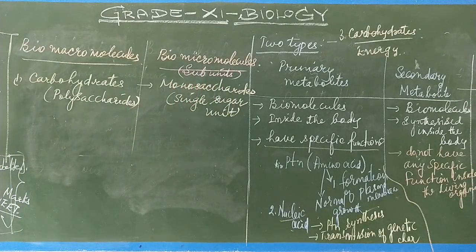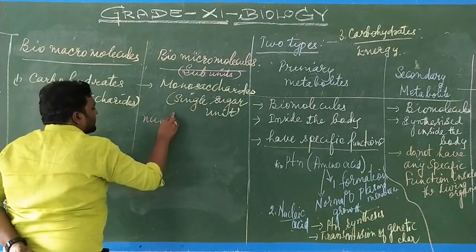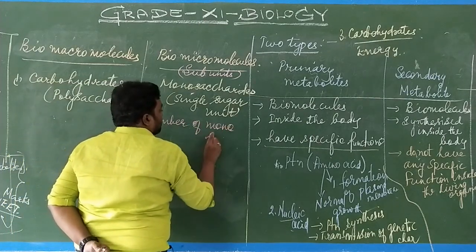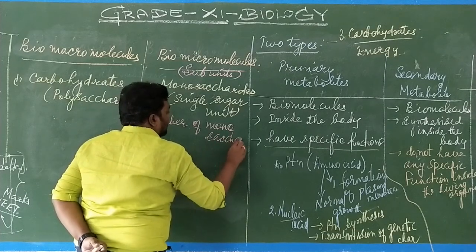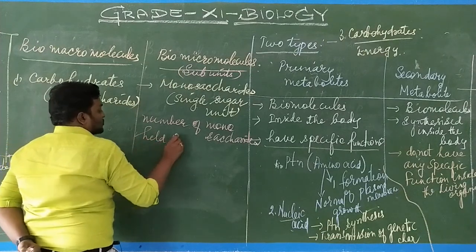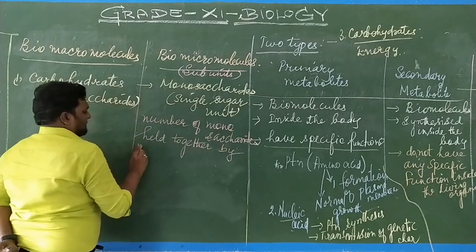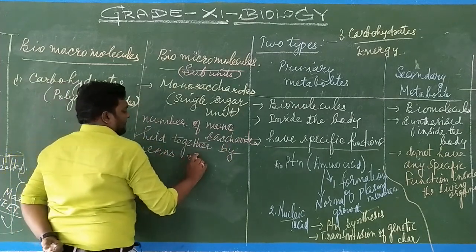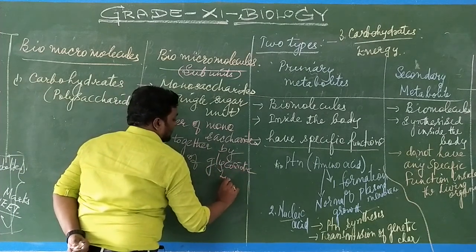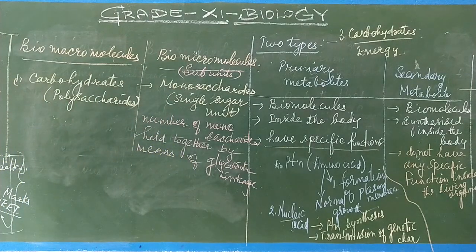So we call them monosaccharides. Now the number of monosaccharides are held together by means of what? Glycosidic linkage. What is this glycosidic linkage?